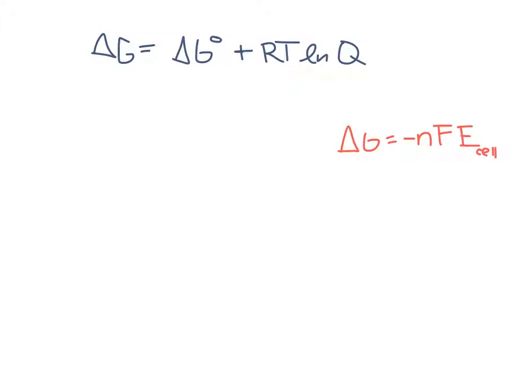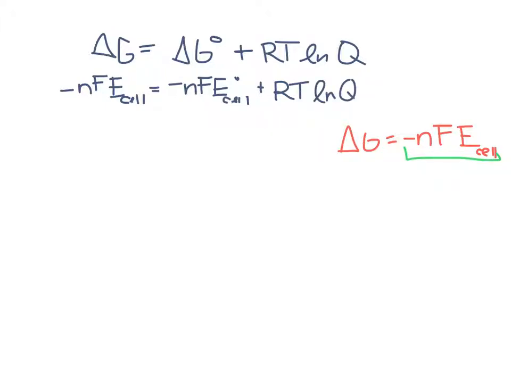So if we substitute this into our thermodynamics equation, we can get something a little bit more useful. We'll have negative moles of electrons times Faraday's constant times the electrochemical cell voltage equal to negative moles of electrons times the Faraday constant times the standard cell potential, with this correction factor, the gas constant times temperature times the natural log of the reaction quotient.